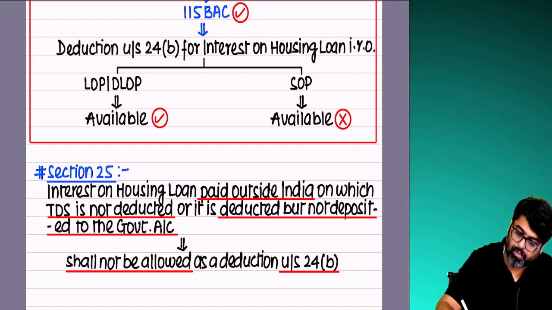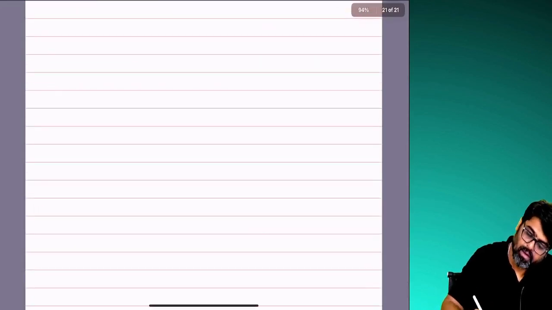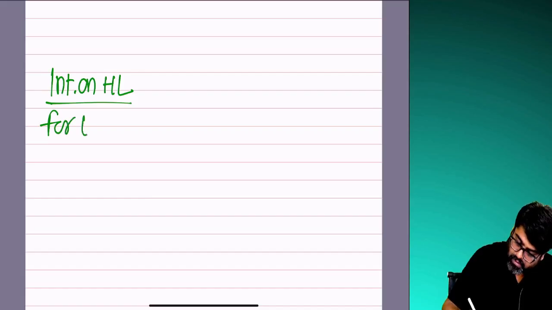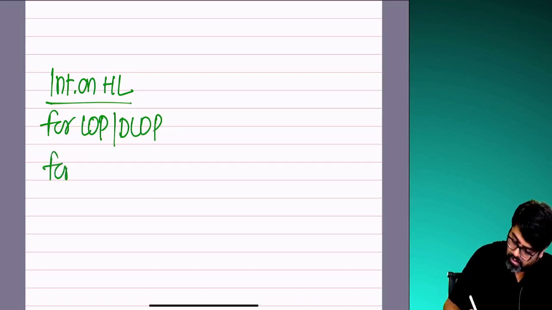So now can I put it like this? Interest on housing loan for LOP or DLOP, and for SOP.